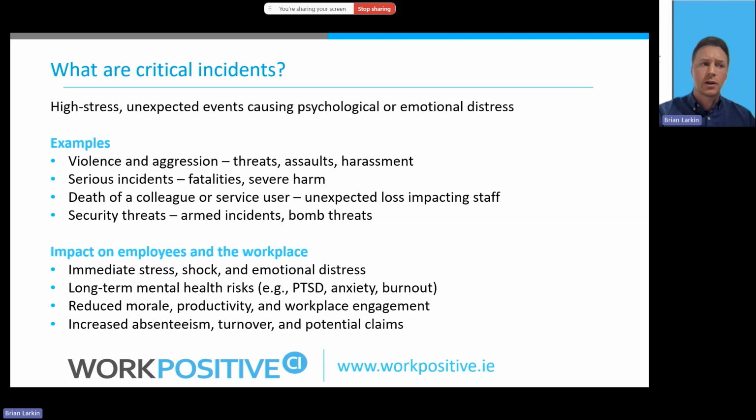It could be the death of a colleague or a service user. It could be, for instance, an unexpected suicide. It could be a security threat. These can all have a very immediate impact and shock to individuals. They can cause anxiety, burnout, PTSD, particularly if there's repeated exposure to trauma in high-risk professionals. It can impact productivity and obviously absenteeism, turnover, and potential litigation.